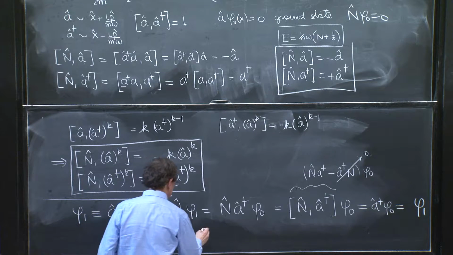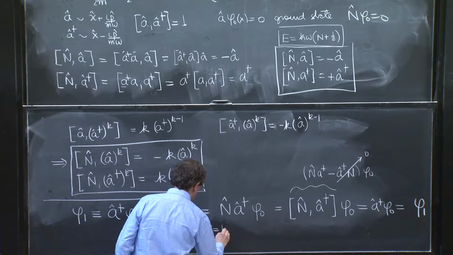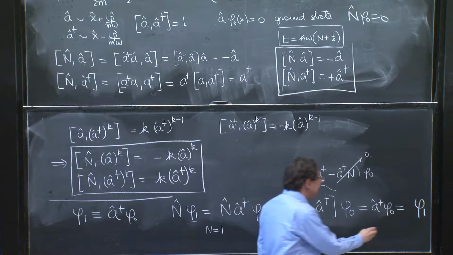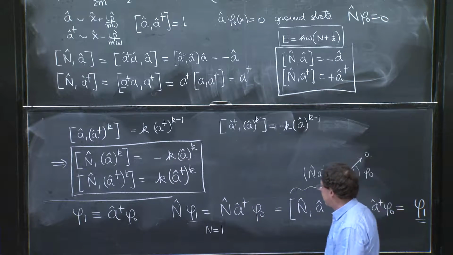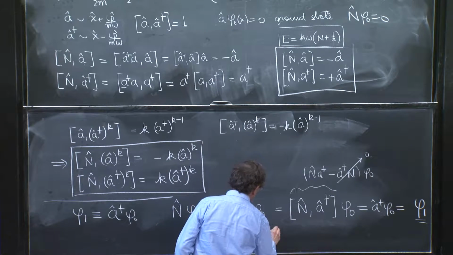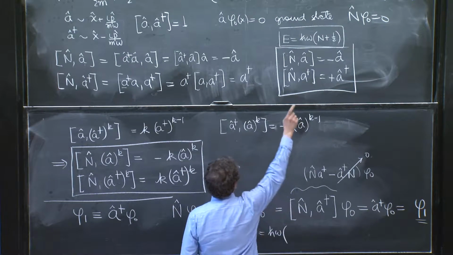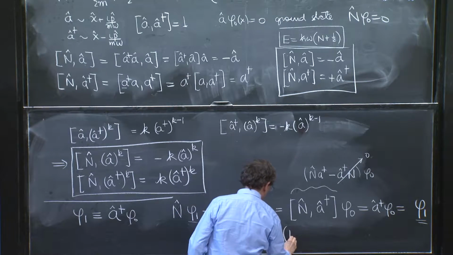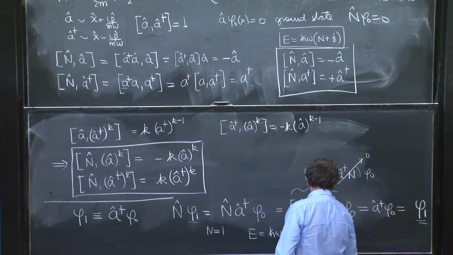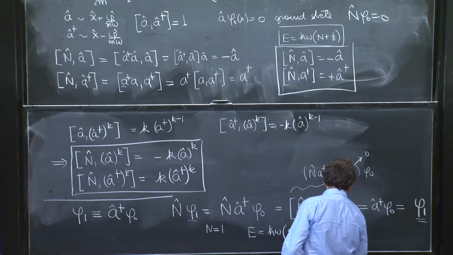So n is equal to 1. That's the eigenvalue. It is an eigenstate. It is an energy eigenstate. In fact, how much energy? E is h bar omega times n, which is 1, plus 1/2, which is 3/2 h bar omega.